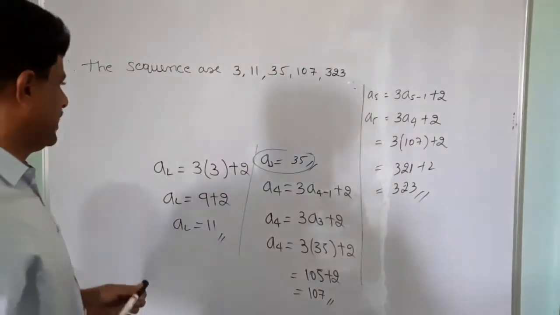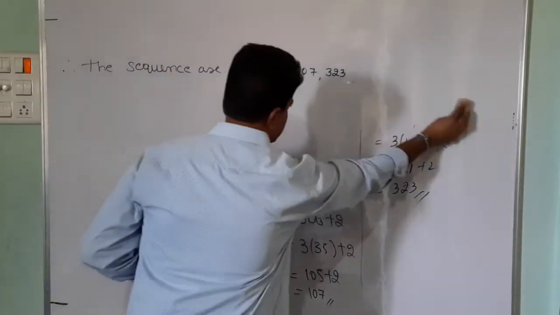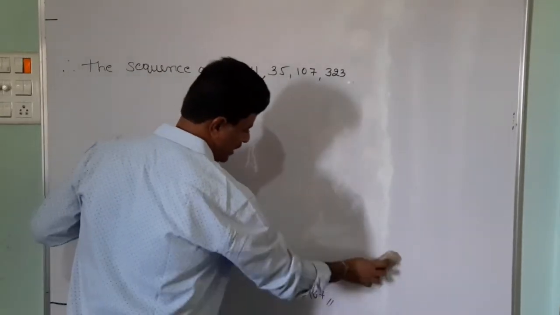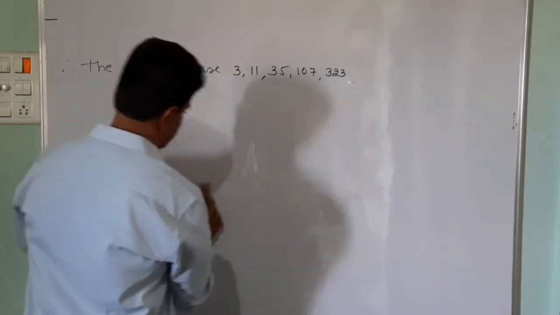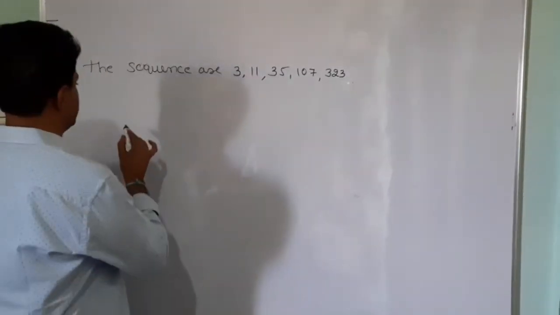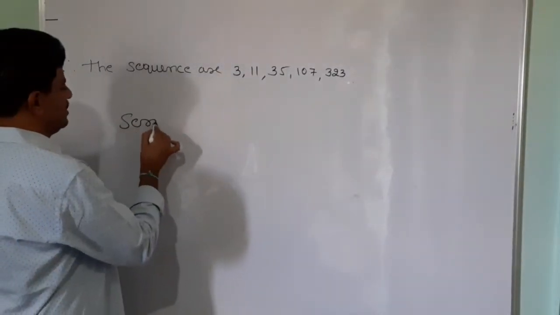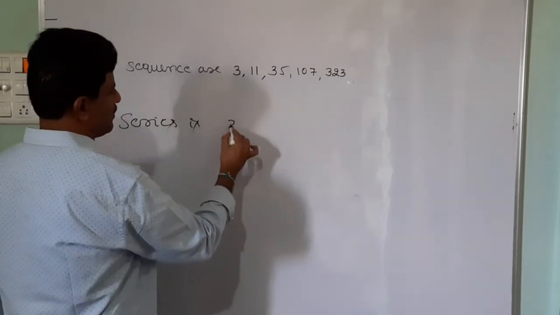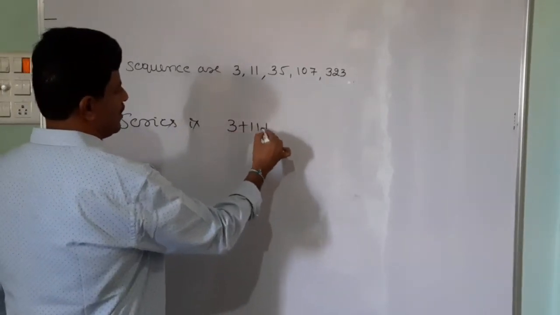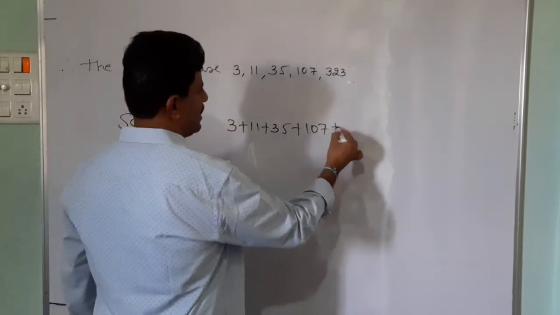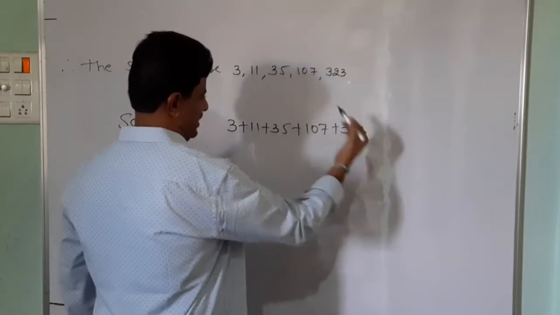Okay, so next the sum of the series. I told you the definition, A1 plus A2 plus A3 plus A4 plus etc An. Here also, therefore the series is 3 plus 11 plus 35 plus 107 plus 323.